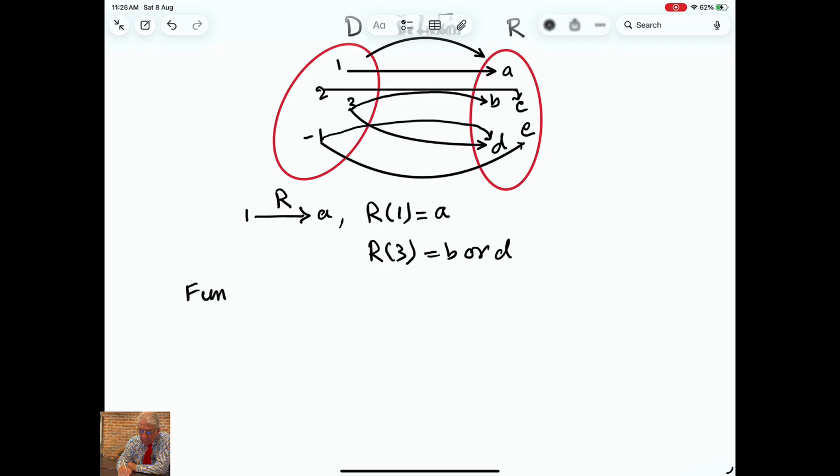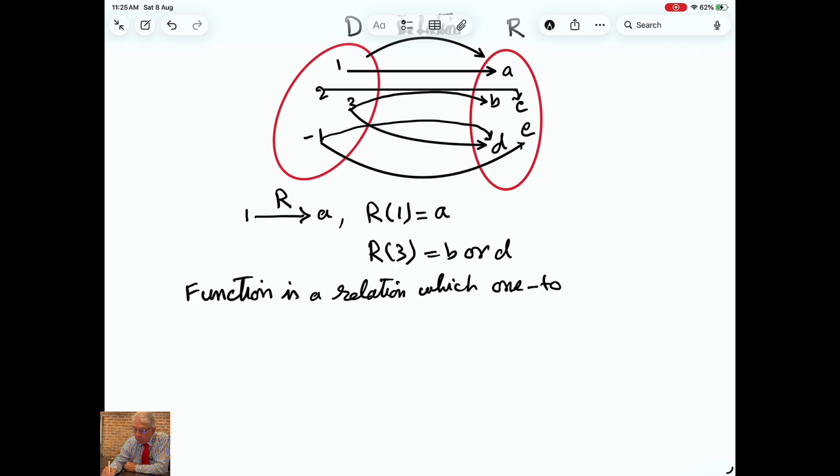Now, a function is a relation which is one to one or many to one. One to many is not a function.